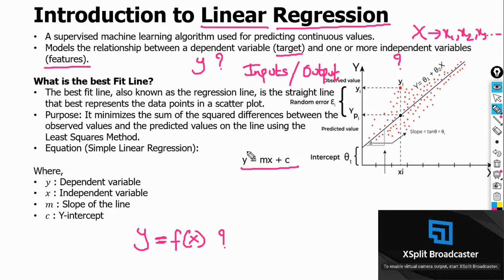Can someone tell me what this equation is?